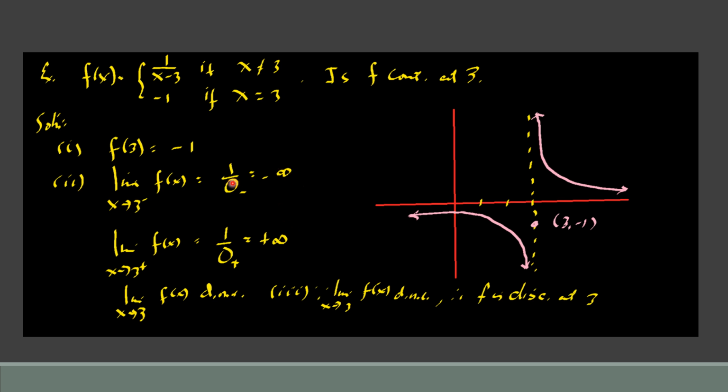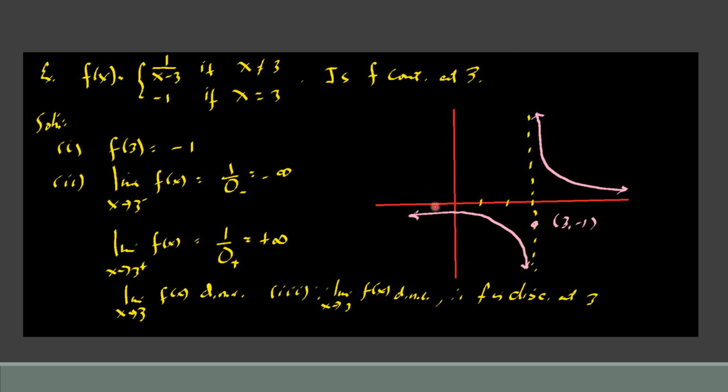So strictly speaking, there is no limit as x approaches 3. So we have infinite limits as x approaches 3. As x approaches 3 from the left, it is negative infinity, and as x approaches 3 from the right, it's positive infinity. So obviously, the function is discontinuous at 3.